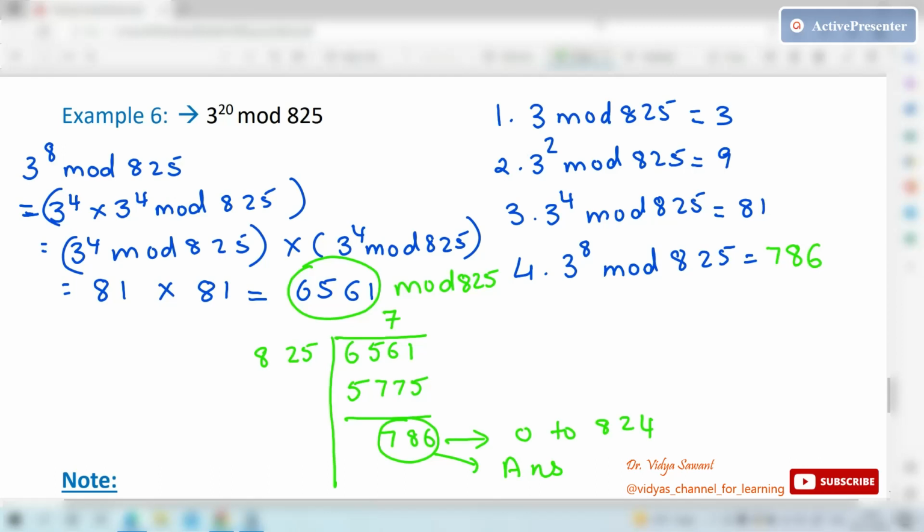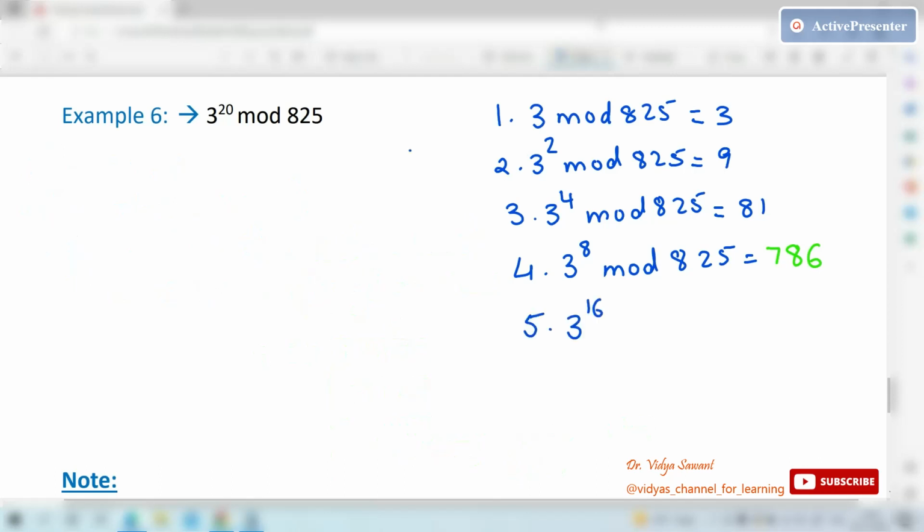That is, the answer is 786. The next step which we want to perform now is 3 raised to 16 mod 825. I have gone till 3 raised to 16 because the question that is asked is 3 raised to 20. So I'll perform as many computations as I can using the squaring method. So I use 3 raised to 16 now.